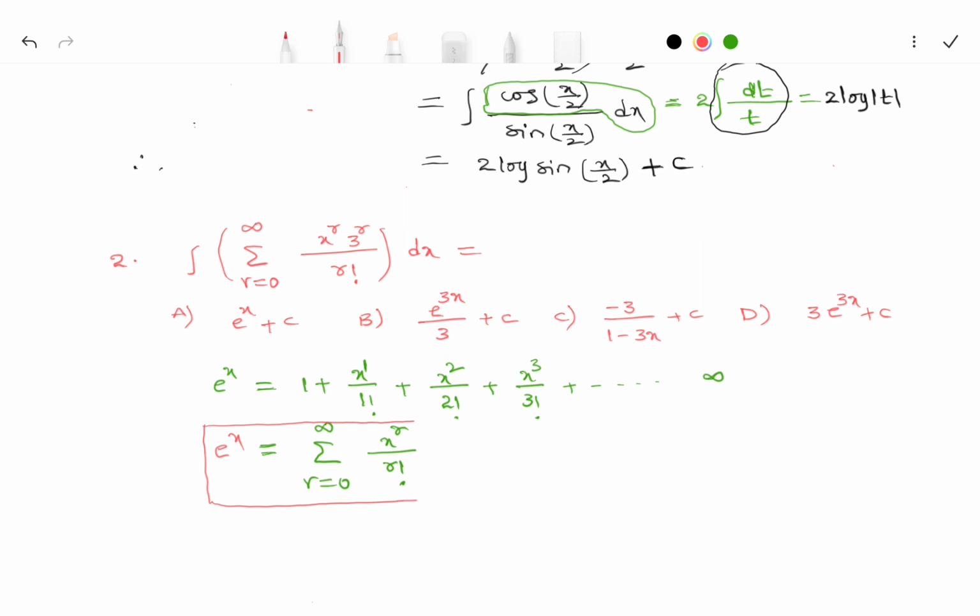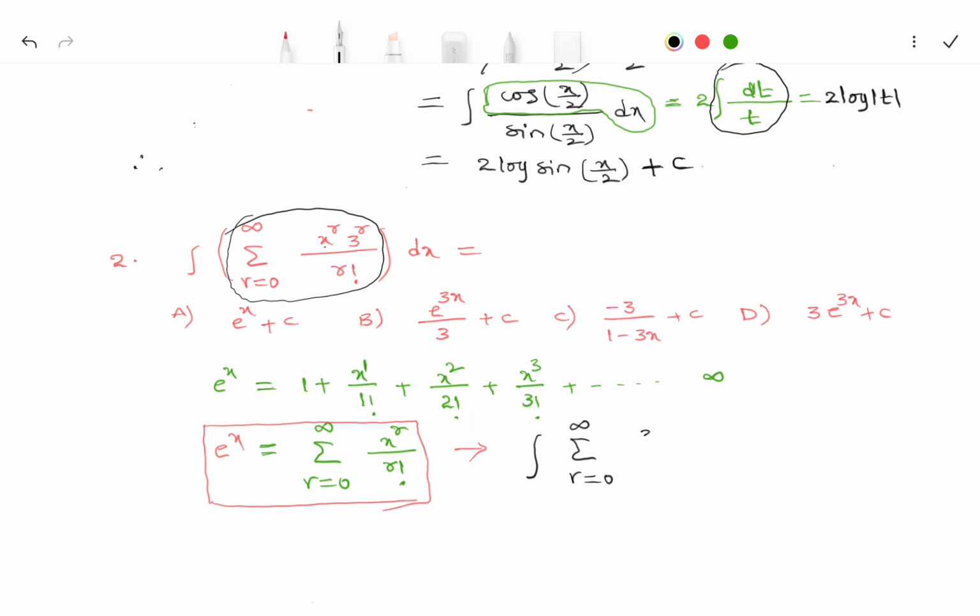I hope you understood this. Now from this value, observing the given expression, we have x to the power r into 3 to the power r. So you can write the integration of sigma r equals 0 to infinity.